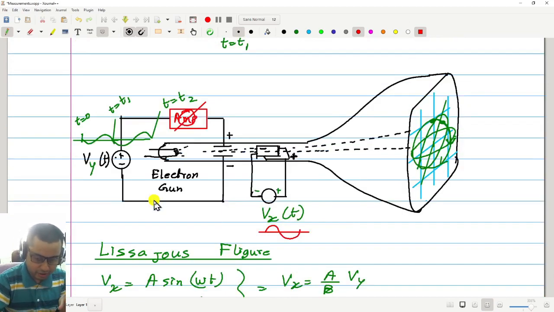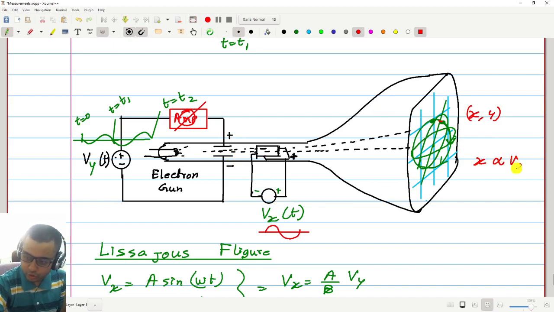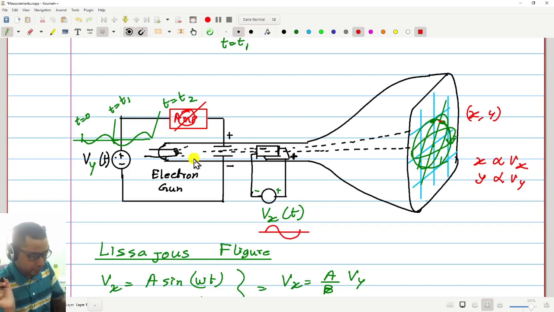firstly, the rule is this: the position of the beam has coordinates x and y. The x coordinate is proportional to Vx, and the y coordinate is proportional to Vy. Don't go into the force and such details, because you assume those things happen very fast.